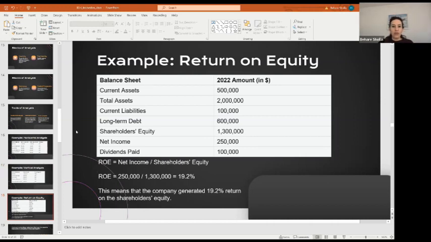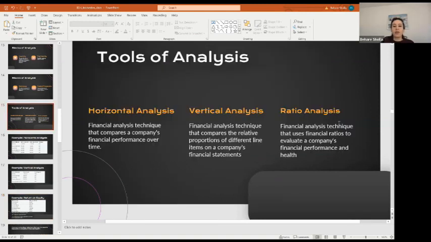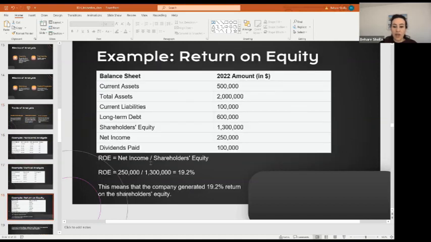Okay, I'll go through some indicators here. In ratio analysis, we have many ratios that can be used in accounting to analyze every position that we need. But I have taken one example related to the return on equity. Here we have a balance sheet.